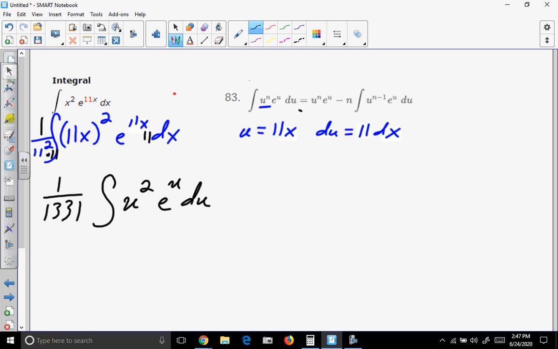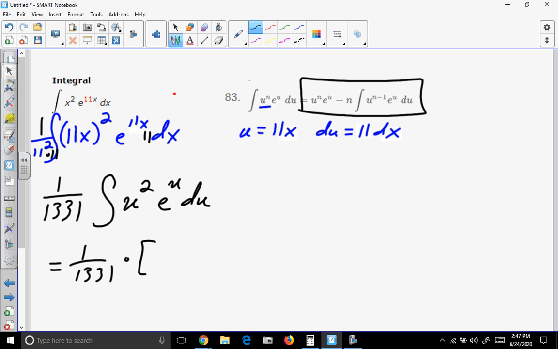So this tells us what that makes. That equals, we have our 1331 out front, and when we integrate u squared e to the u, that's u to the n, where our n is 2, e to the u minus n times the integral of u to the 1 less power, e to the u du.